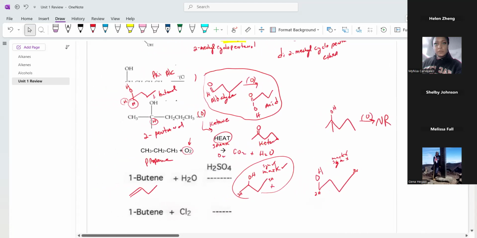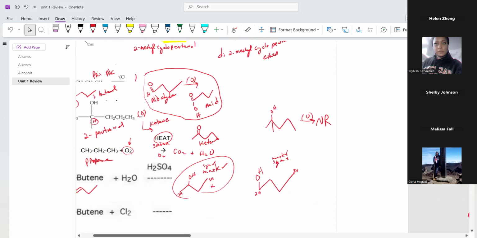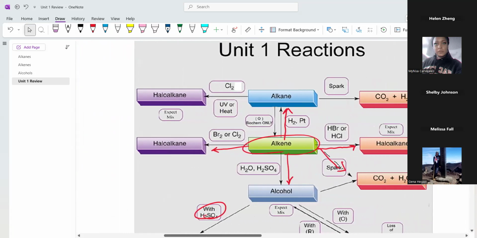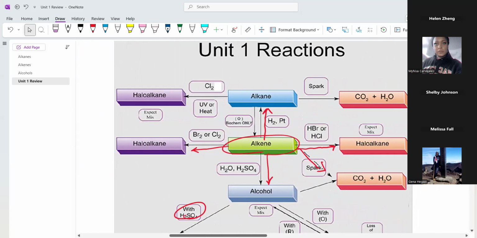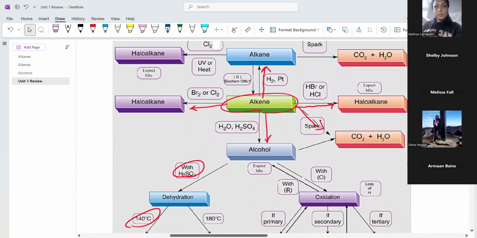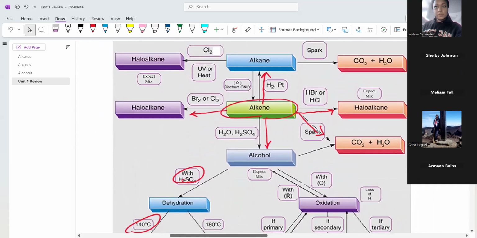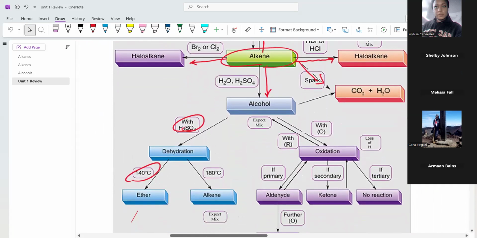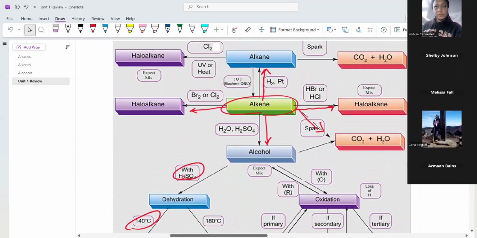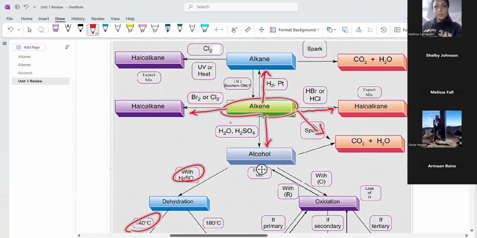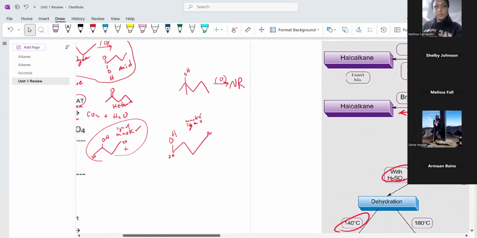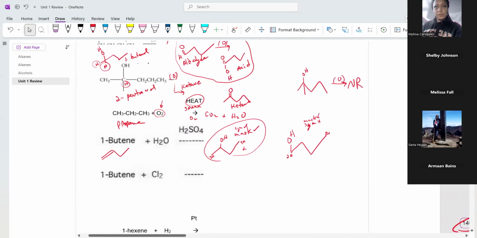On the flow chart also, I mentioned there's a mix, because we are talking about alkene going to an alcohol with water and acid. And then it says expect a mix. So that's the mix.